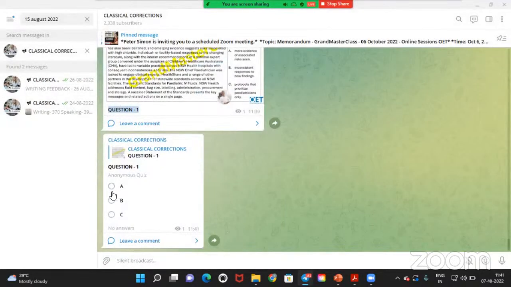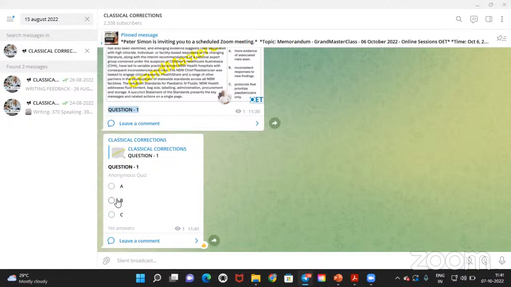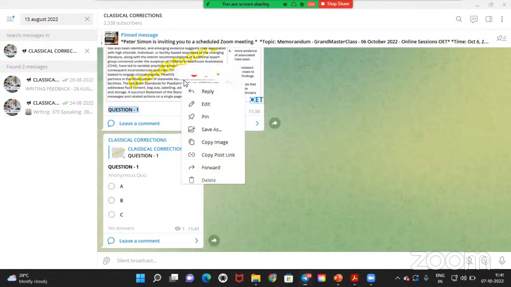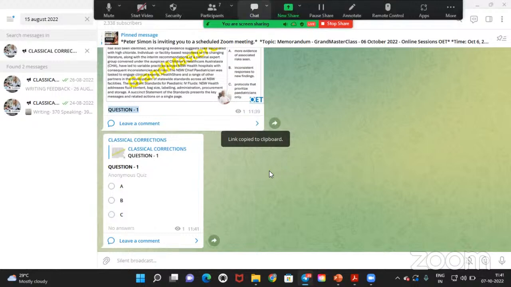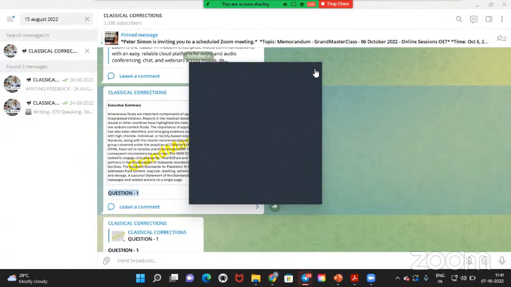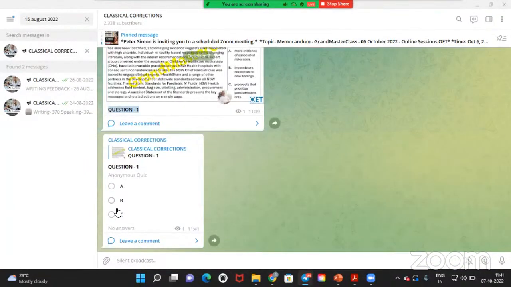First one is B. You can go and click on one of the bubbles. You can click on one of the bubbles. How can you click on copy post link? I'm posting here. Okay, if you click on this one, it will take you directly there. So like that. And then you can go there and click on one of the answers. So that's it.